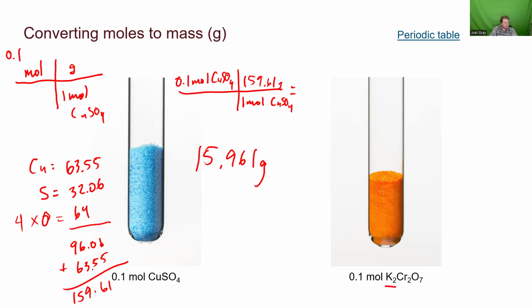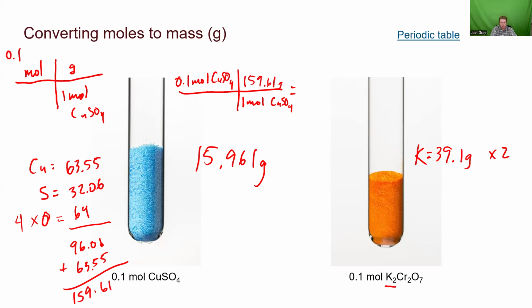K2. Potassium is 39. I'm just going to do this one kind of quick. So K, 39. Just going to use a nice round number there. I'll round it down to 39.1 grams. I'm going to multiply that by 2 though.